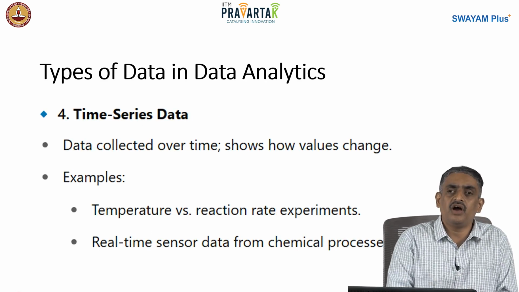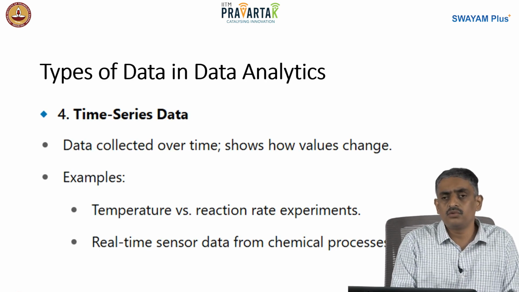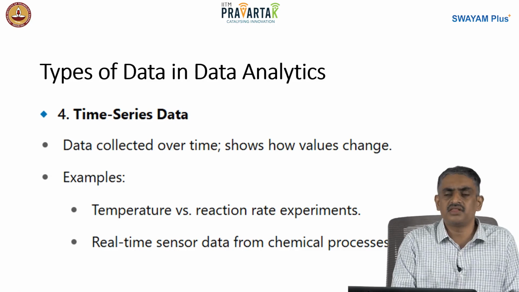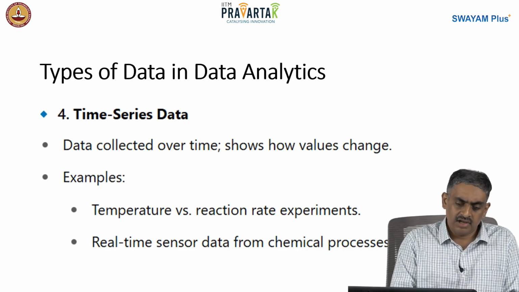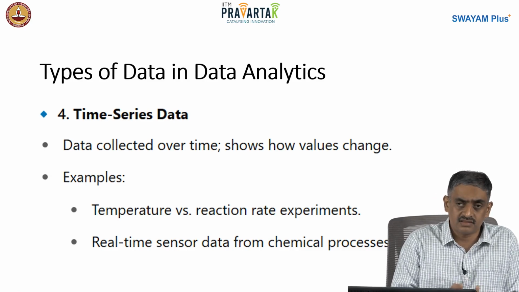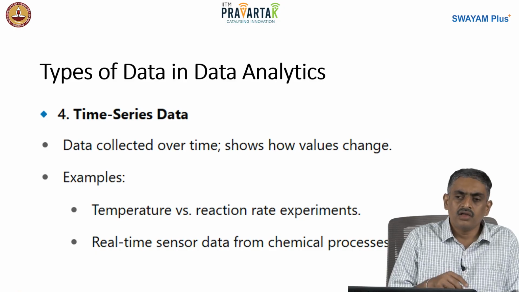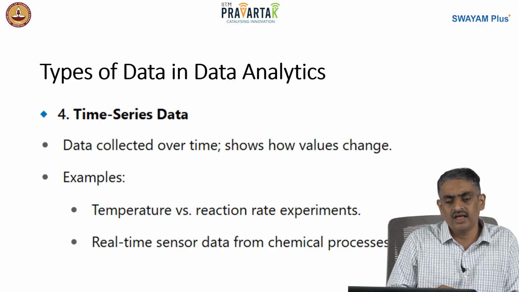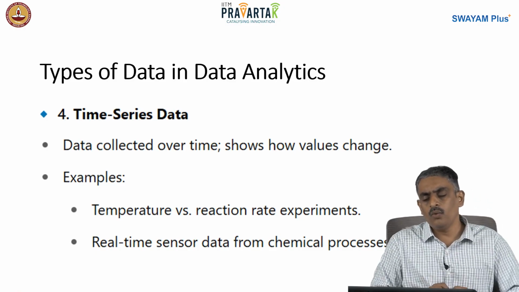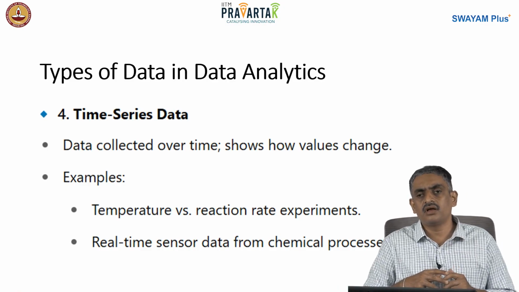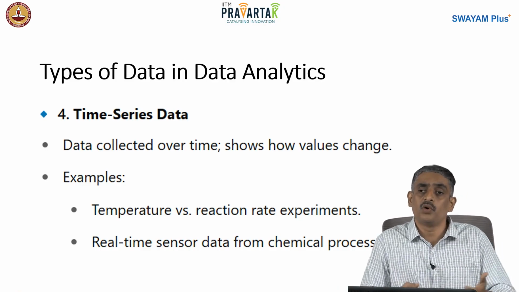And finally, you have time series data. Time series data is where you are taking readings over time. Let's say you are seeing how a particular chemical's color changes over time.